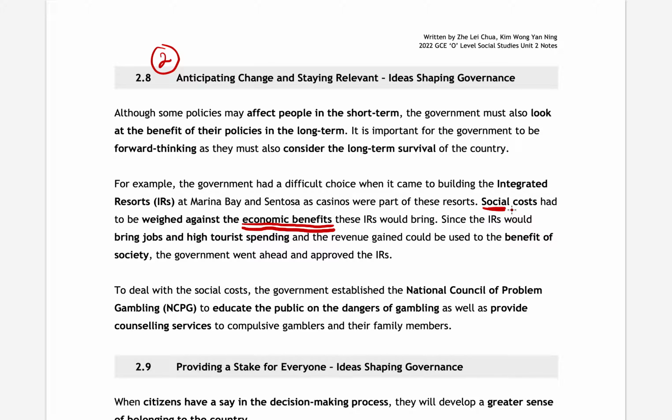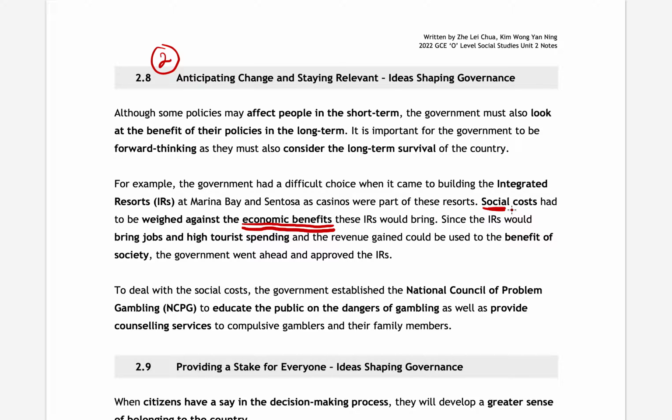And so because the government had to consider the long-term survival of the country, they went ahead and approved the IR. However, they also know that there are social costs that need to be dealt with. So they mitigated this by establishing the National Council on Problem Gambling.